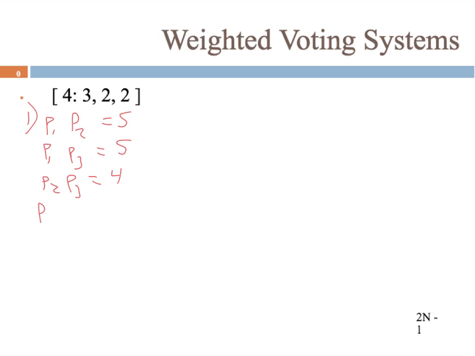And then we have the grand coalition in the end, where they all vote together, making 7. Alright, so there's only 4 winning coalitions here.